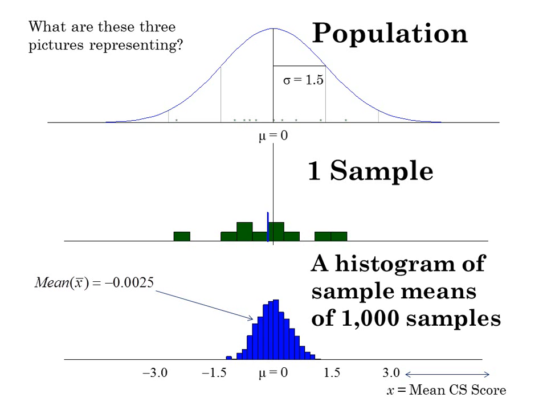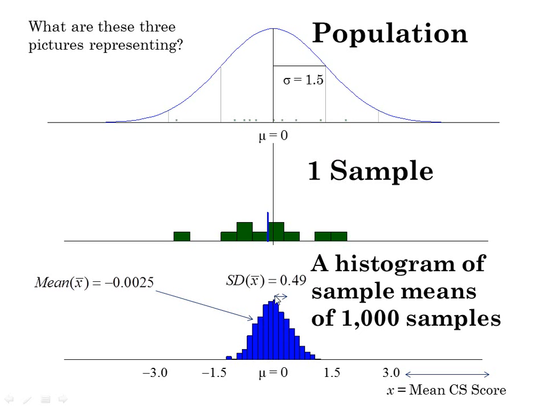Okay, so the mean of this histogram, and again, this is based on a simulation that I did, is essentially 0. The standard deviation of these sample means, and again, remember what a standard deviation represents. It represents this distance, the distance between the mean and mathematically an inflection point on this curve.